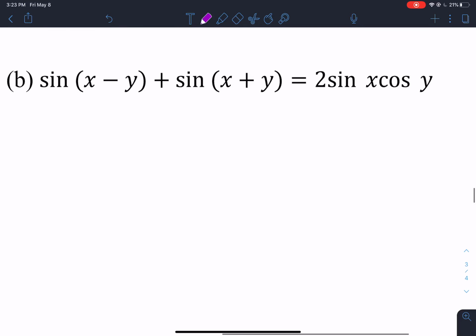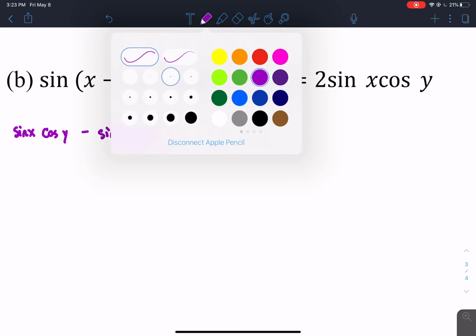And then for the second one, okay, so again, I'm going to do the left side. I'm going to expand both of these out. So it's going to be sine of the first, cosine of the second, minus sine of the second, cosine of the first. Okay, and then I'll do this in a different color.